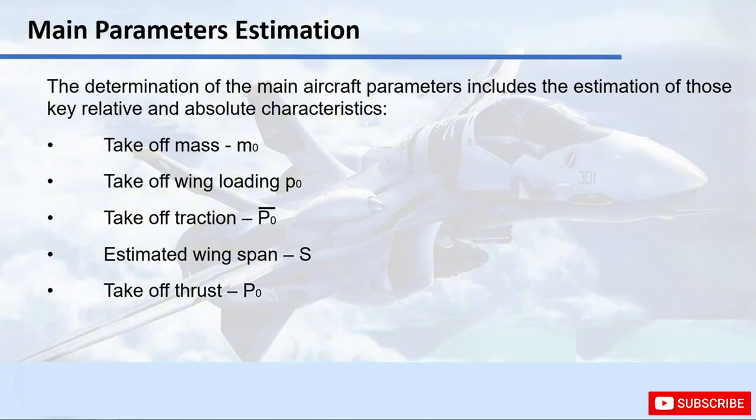As a starting point we're going to use our statistics, but then we're going to estimate the exact values of the different mass components. Having this, we're going to move on to estimation of the wing parameters, so the wingspan, the thrust of our engines when we're taking off, the qualities of the aircraft and the loading of the wing. This is quite exciting and it will all be done in this section.